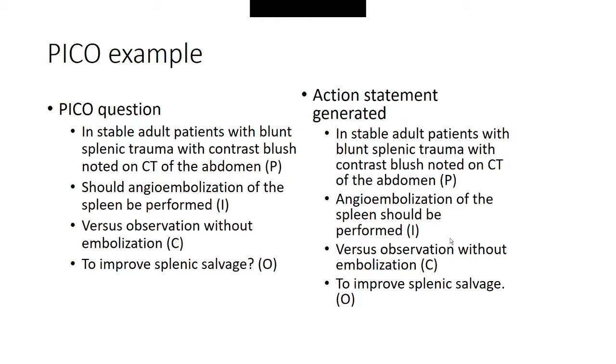So, in stable adult patients with blunt splenic trauma with contrast blush noted on CT of the abdomen, angioembolization of the spleen should be performed versus observation without embolization to improve splenic salvage. That PICO question leads into an action statement that is thus generated.